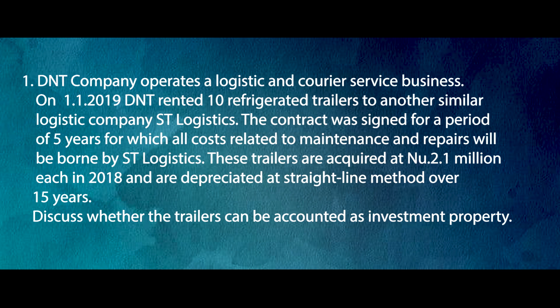The contract was signed for a period of 5 years, for which all costs related to maintenance and repairs will be borne by ST Logistics. These trailers were acquired at Nu 2.1 million each in 2018 and are depreciated on a straight line basis over 15 years. Discuss whether the trailers can be accounted as investment property. That is the first question.